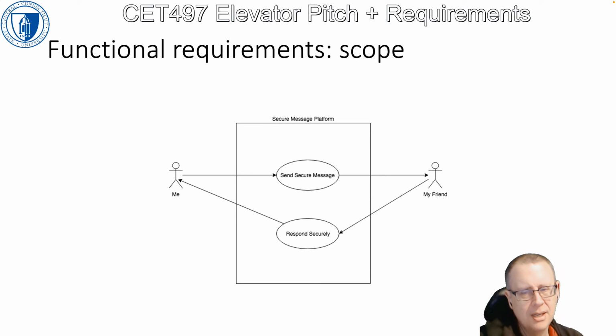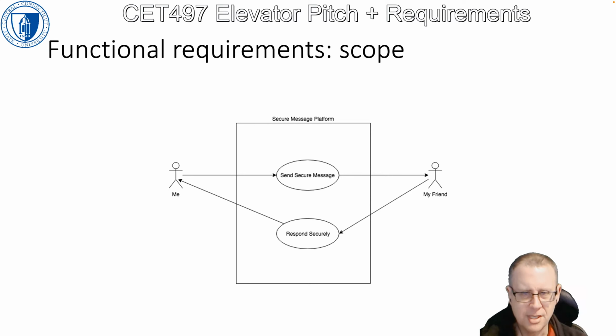Those arrows tell us what the interfaces are that we need between the system and the outside world. Sometimes they also tell us the communication mechanisms between internal things as well, but mostly it's about communication between the outside actors and the inside functionality.